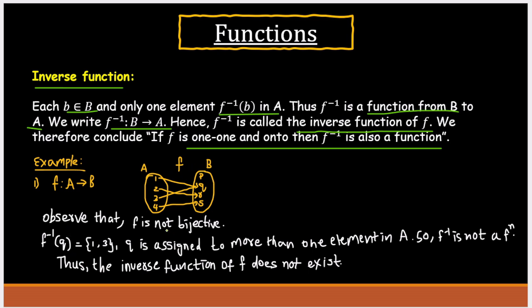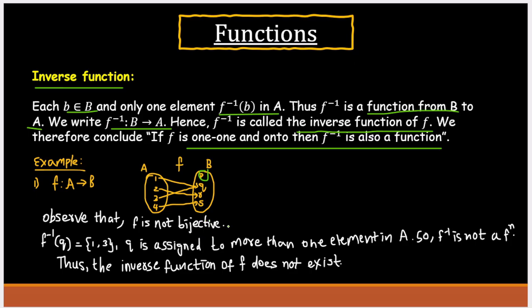Here observe that f is not a bijection because Q has two images, 1 and 3. So this is not a one-one function, and P is left, so this is not an onto function.